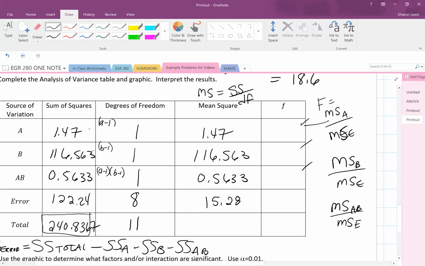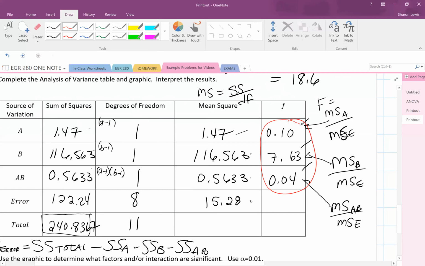So that one is going to go here, this one's going to go here, and this one's going to go here. So this divided by the error, this divided by the error, this divided by the error. Those are our F values. So this one is 0.10, 7.63, and 0.04.